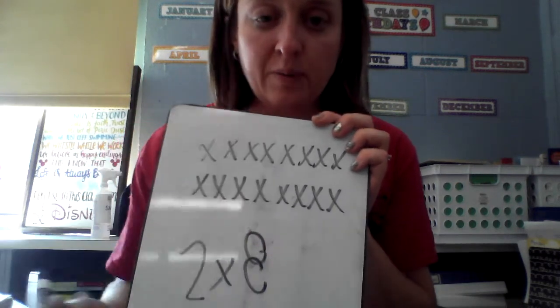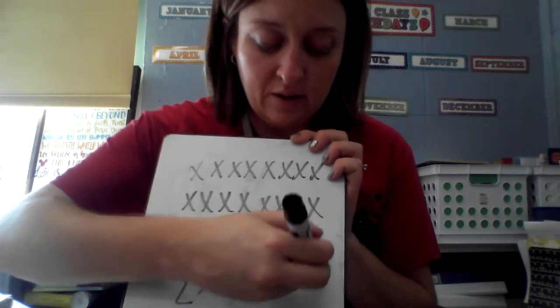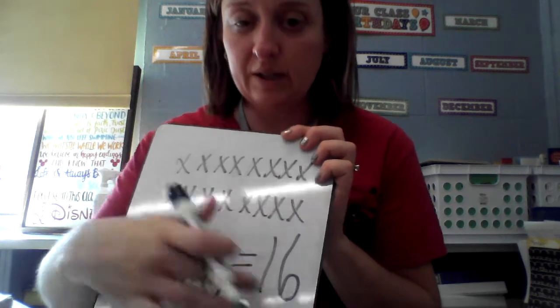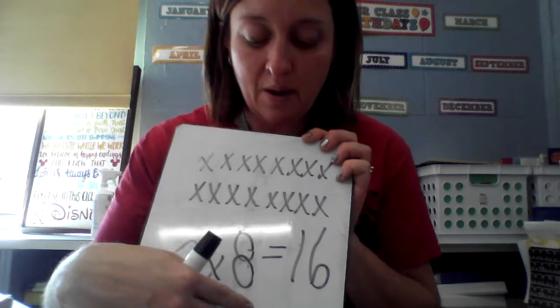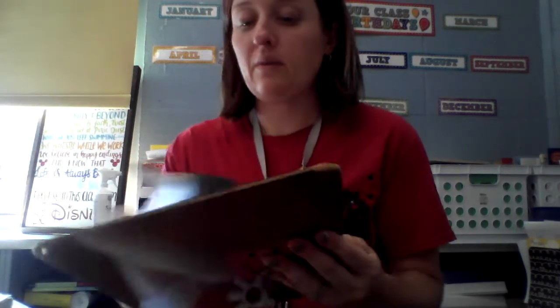Nothing changes in my multiplication equation. It's still going to end up being 16. 2 rows of 8 equals 16. My first number is my number of groups or my number of rows. My second number is how many are in each one.